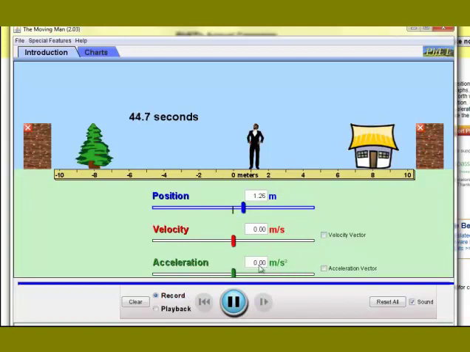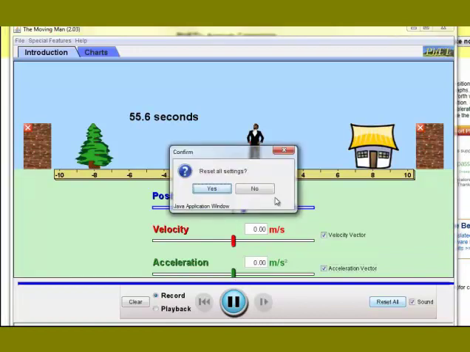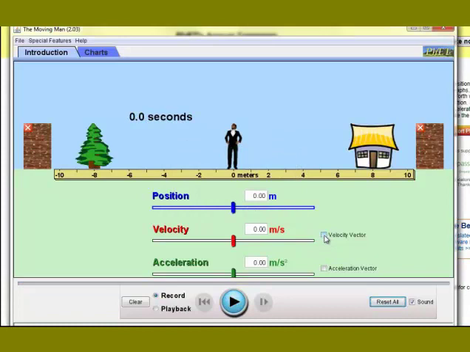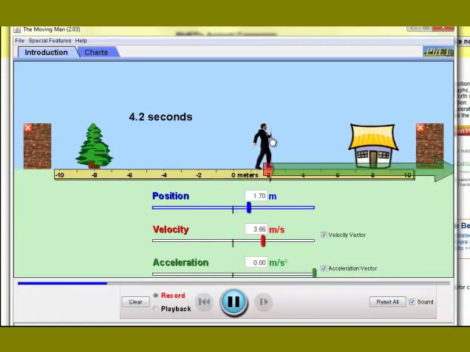Now we can see that with the use of vectors. So let's put vectors on. Those are arrows that indicate the direction. Let's just reset everything again, and we'll go like this. Okay, now off we go. Now watch. I'm going along in this direction.